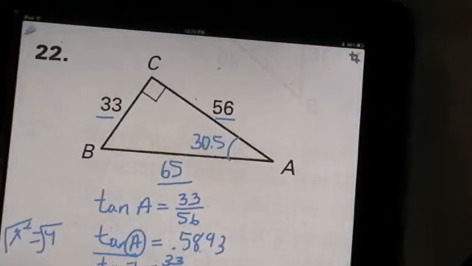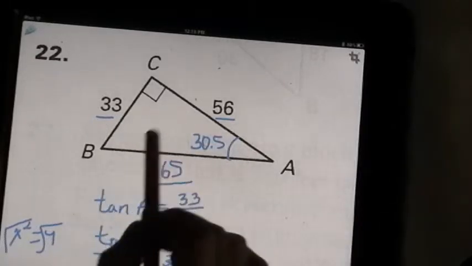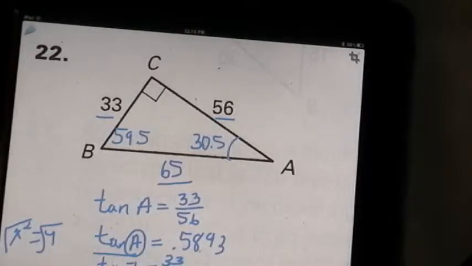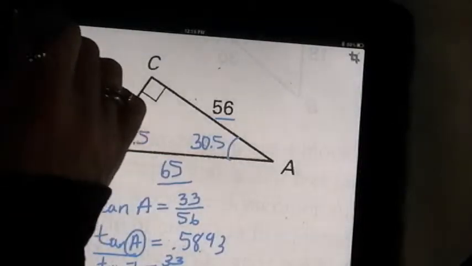What's the best way to find B? Subtract from 90. So that would be 59.5. That's the easiest way to find B. You could actually do another ratio. For practice, let's do that.